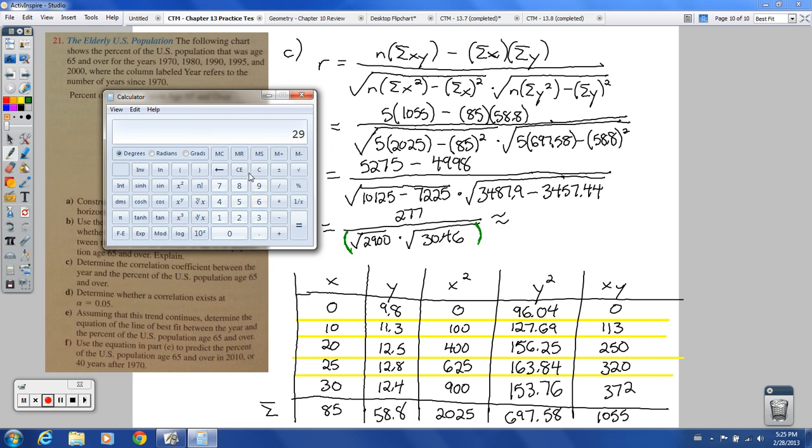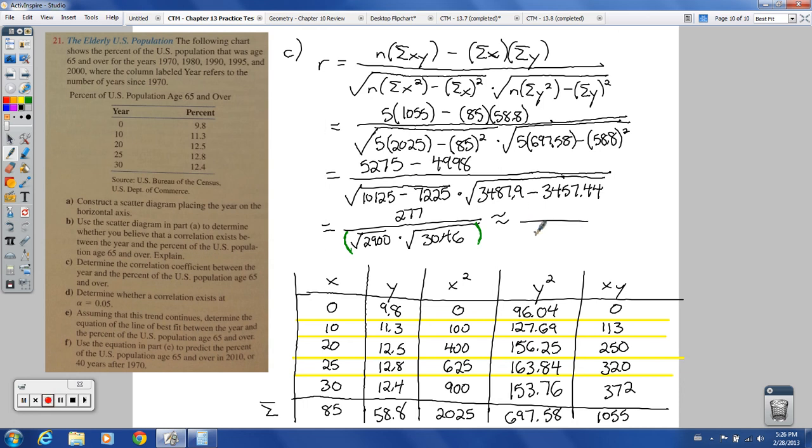Square root of 2,900 times the square root of 30.46. Let's see if I do that way. Yep, that's good. That equals right there 297.21. And so I'm going to take 297.21 and divide 277 by that.